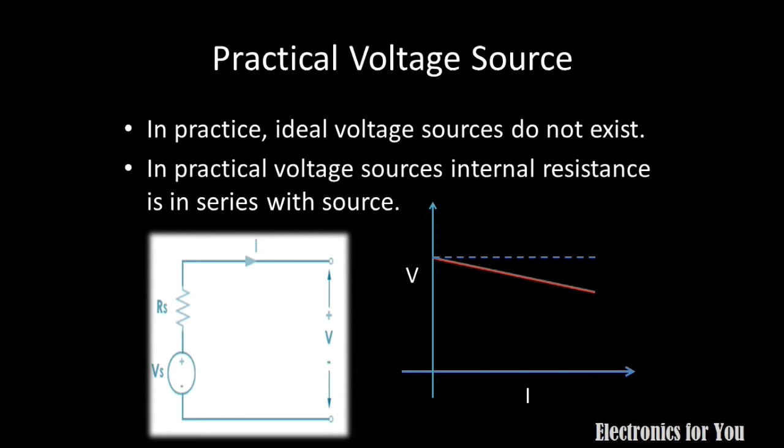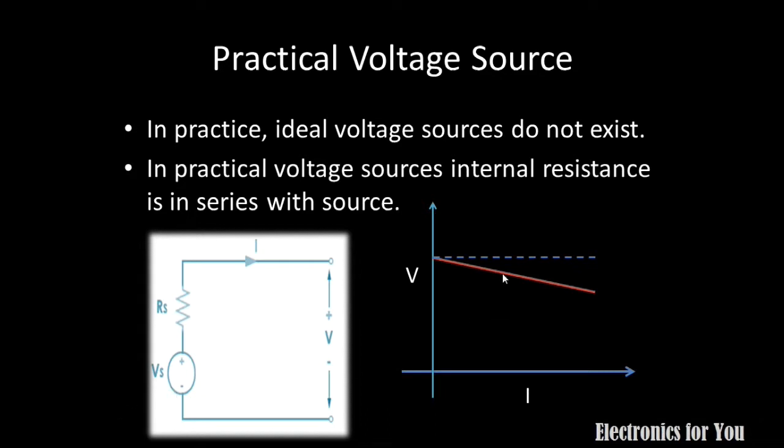But practically, ideal voltage sources do not exist. Therefore, in practical voltage sources, the internal resistance is in series with the source. Here you can see that the resistance is in series with this ideal voltage source.